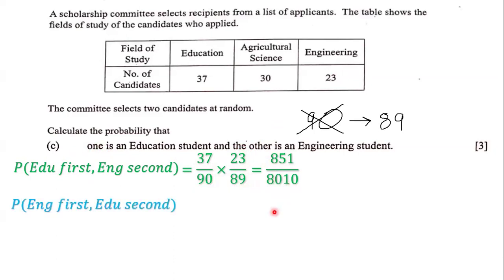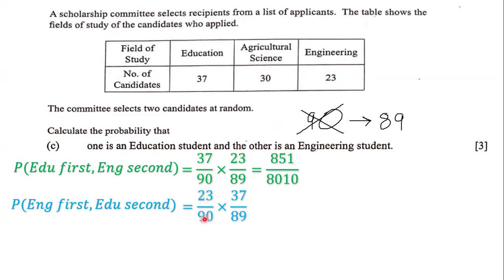Next, we have to figure out the probability that the first student is in engineering and the second student is in education. There are 90 students to choose from in total, and there are 23 engineering students, so it's going to be 23 over 90. That's the probability that the first student selected is from engineering.